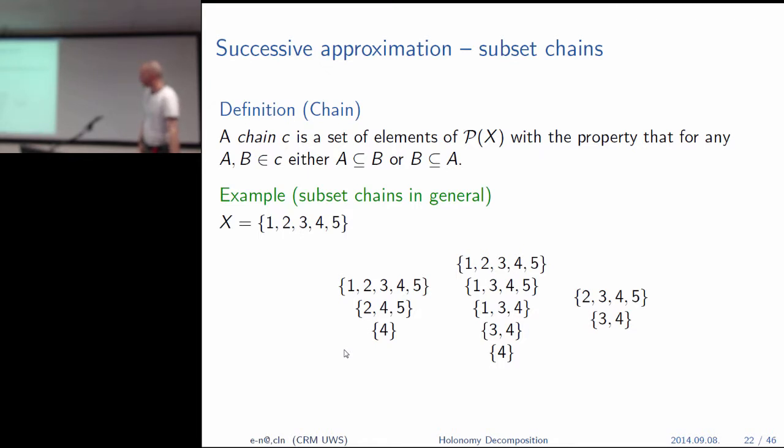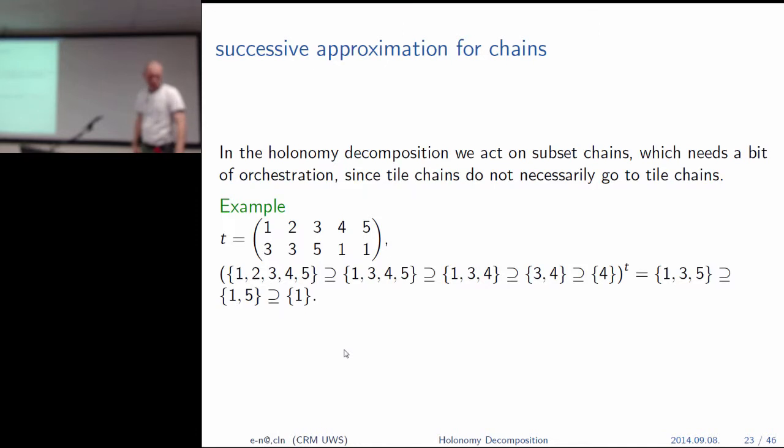And here are just a few examples of these chains. So what happens in the Holonomy decomposition, the big picture, is that we act on these chains of subsets. Actually, these will be tile chains.